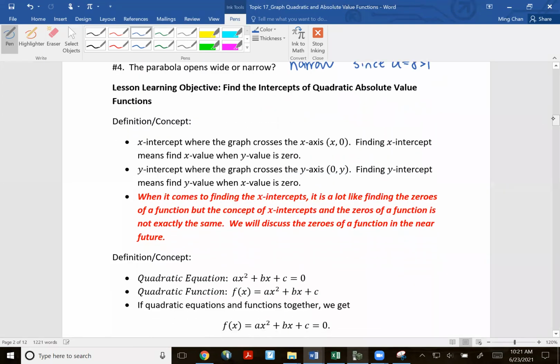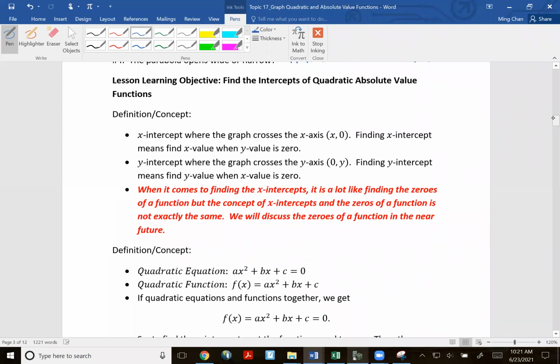All right, next objective. Finding the intercepts of your quadratic and absolute value functions. All right, so your intercepts, okay, we talked about this in Math 108 before. If you took that class, x-intercept is where the graph crosses over the x-axis.